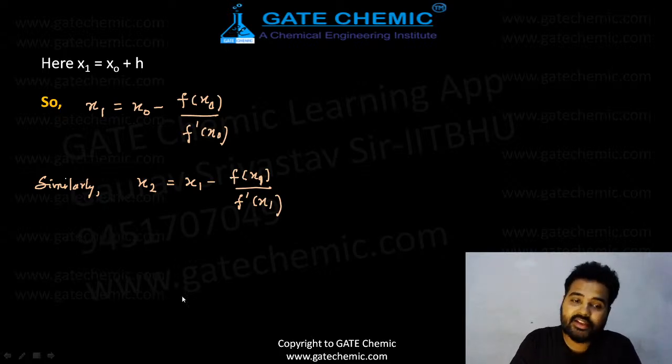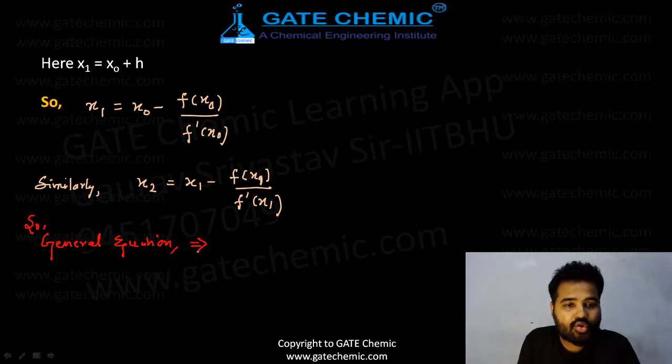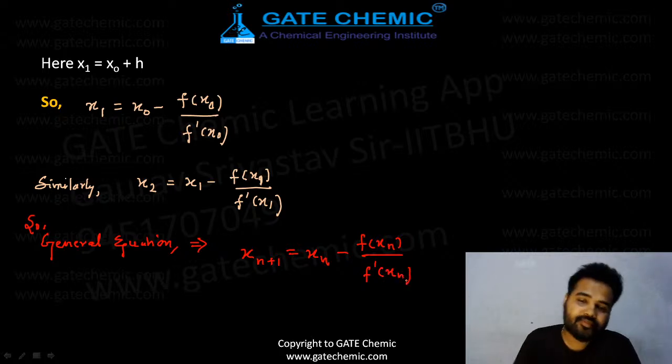Now you can see beta, in this way we got a beautiful general equation. Very good evening, beta Shivangi. So this equation will be x(n+1) = xn - f(xn)/f'(xn).